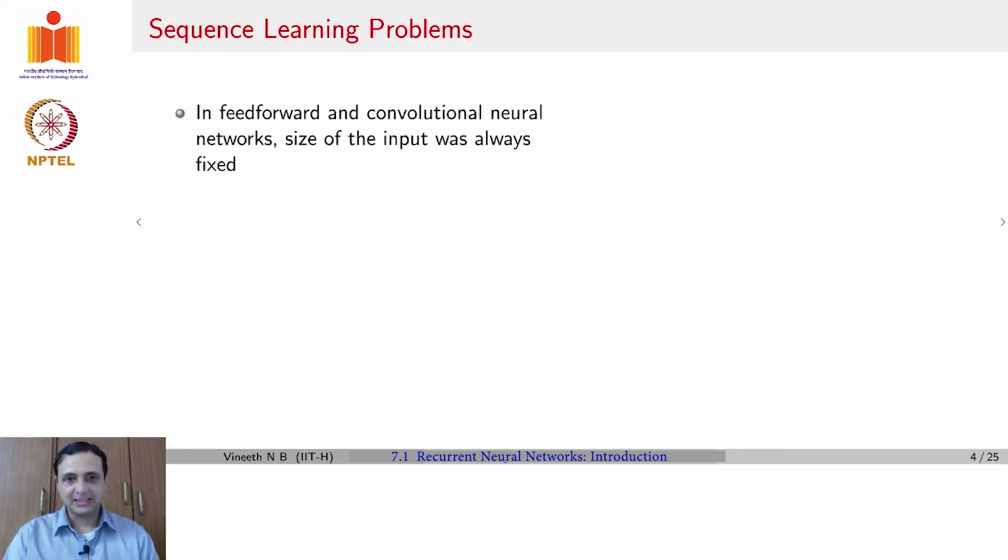The broader context of recurrent neural networks is sequence learning problems. So far, with both feed-forward and convolutional neural networks, the size of the input was always fixed.